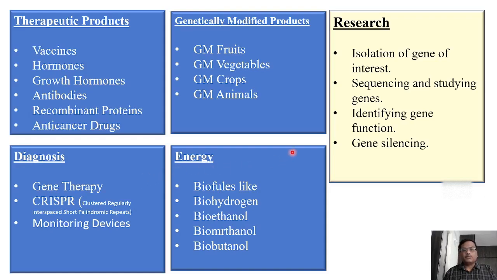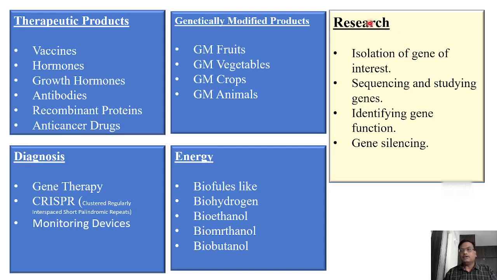And when it comes to the environment, the DNA manipulation technique or recombinant DNA technology can be used to produce biofuels like biohydrogen, bioethanol, biomethanol, biobutanol, etc., which will replace the traditional fossil fuels, and that will be a good thing for the environment.